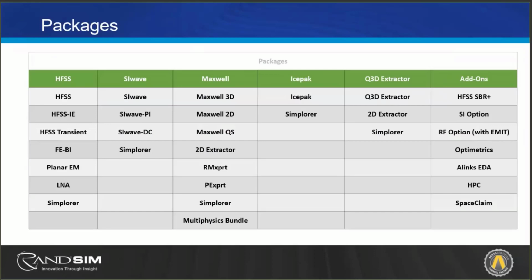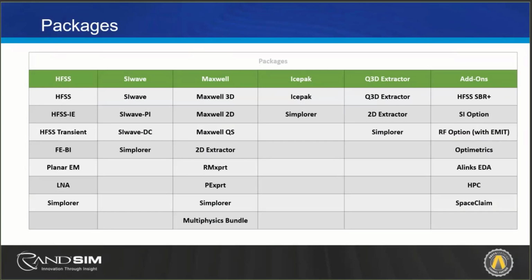HPCs, of course, allow the utilization of multiple cores. Traditionally, when you purchase software such as HFSS or Maxwell or SIwave, and this is most likely true for all of the other CFD and mechanical tools, you're able to use 4 physical cores while simulating.